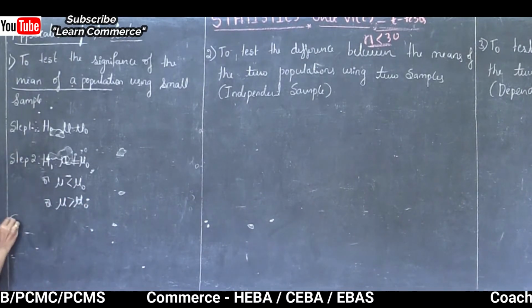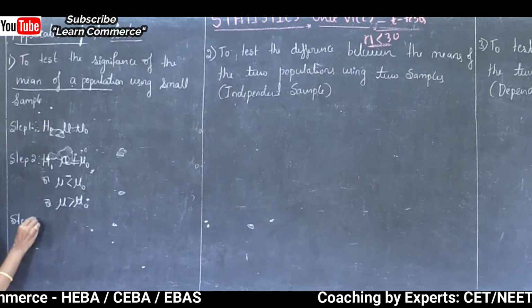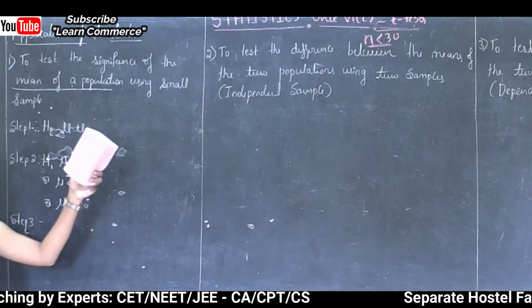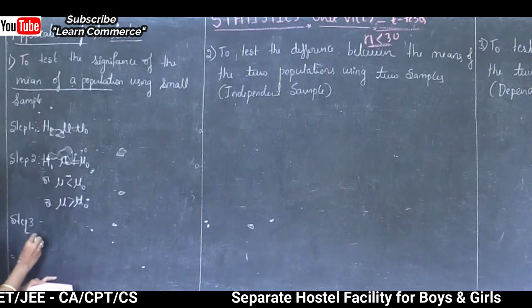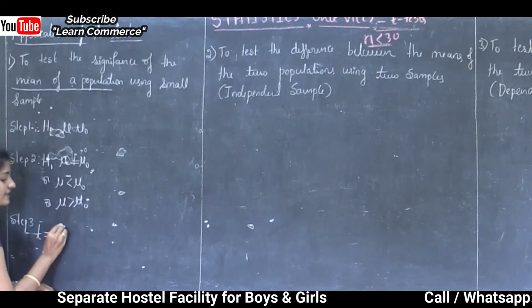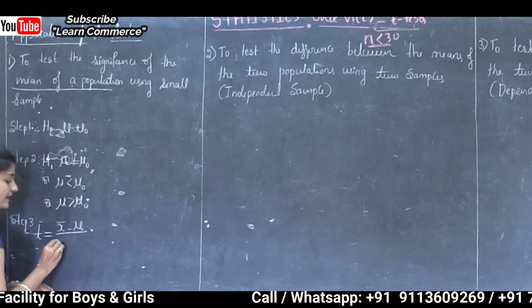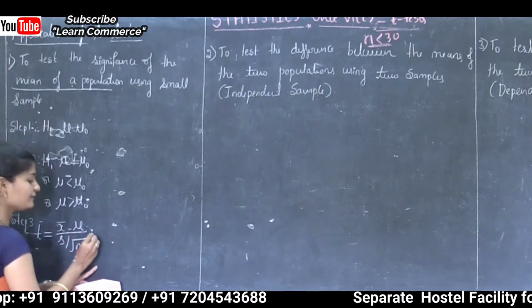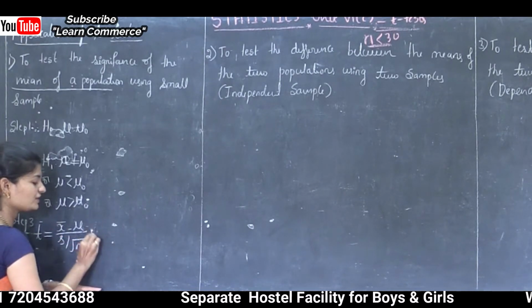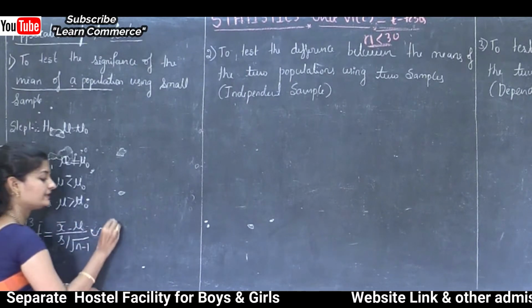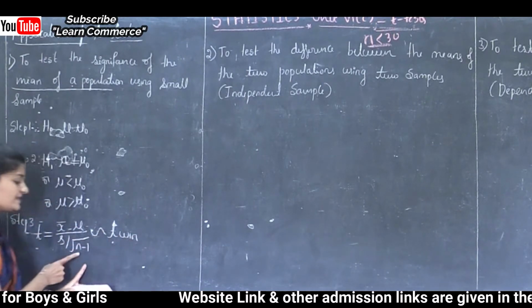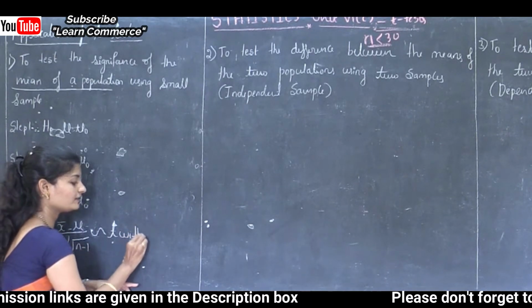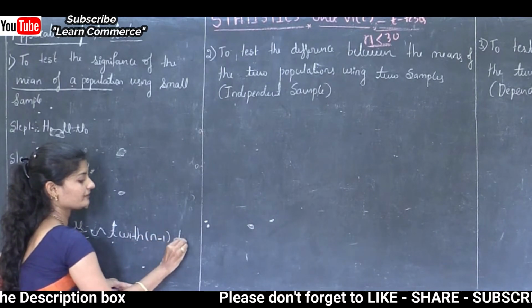Then what is step 3? Step 3 is the test statistic. This problem is based on the t-test, so we write t equal to x bar minus mu divided by s divided by square root of n minus 1, and t follows the t distribution with n minus 1 degrees of freedom.